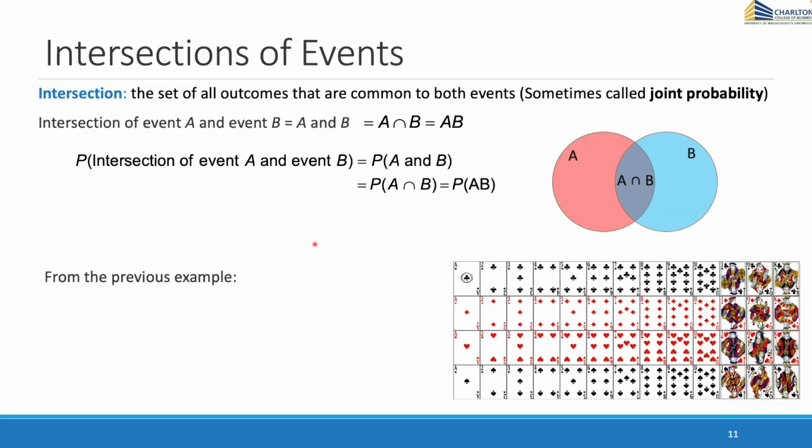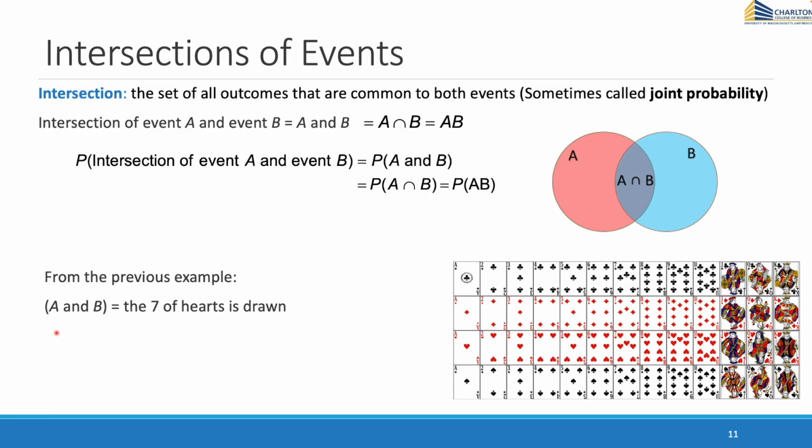Intersection: the set of all outcomes that are common to both events, sometimes also called joint probability. Let's assume that event A is shown by the red circle and event B is shown by the blue circle. The shared area, when both A and B happen, is the purple area, and this is called A and B. The joint probability is shown by this formula, P of A and B, or P of AB.